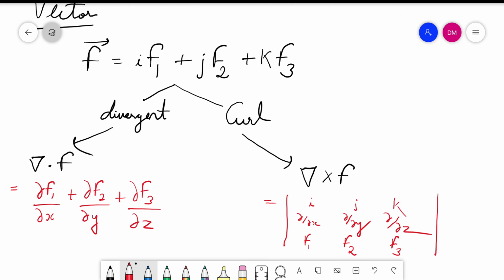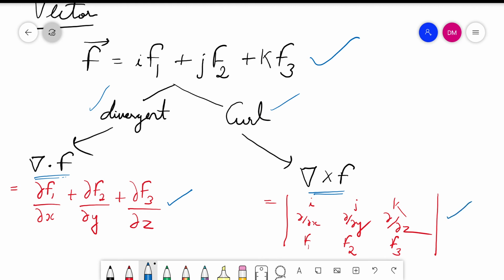So in vector we got this I F1 plus J F2 plus K F3, and from the vector part it is diverted towards the divergence and curl part. Divergence is delta dot F and curl is delta cross F. Delta dot F can be written like this. Delta cross F can be written like this.